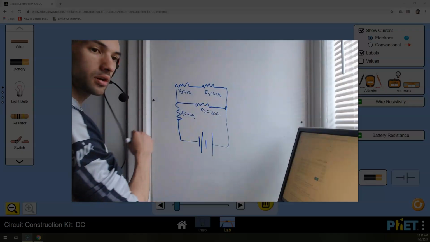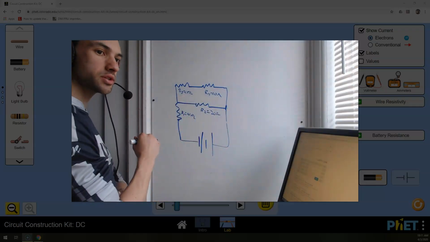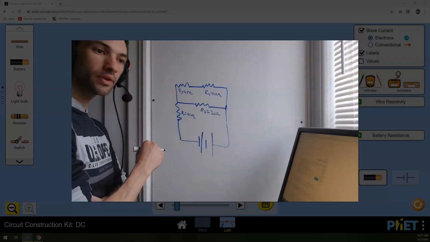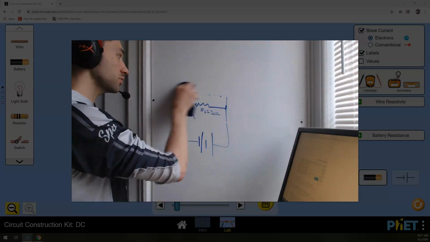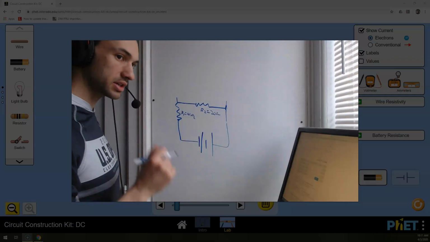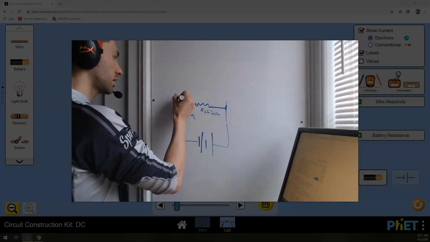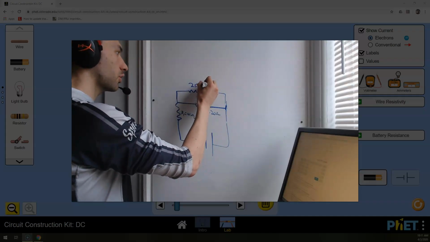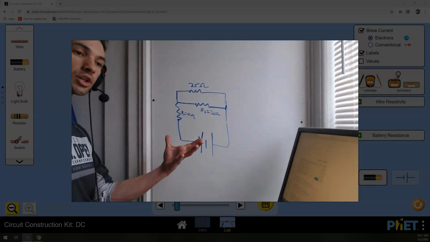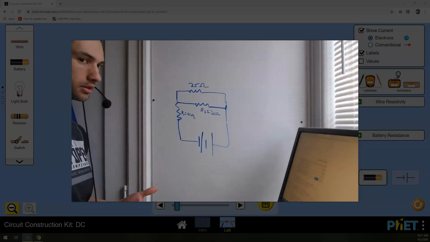So after you draw this circuit, we have an equivalent circuit that would be the same thing. And I want you to draw this as a brand new circuit. I don't want you to erase. Your brand new circuit looks like this, where this is a 25 ohm resistor. This circuit is equivalent to the other one.